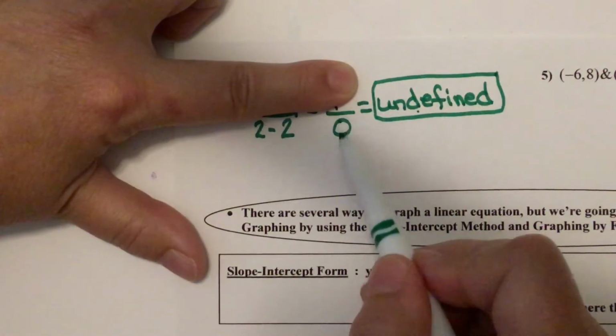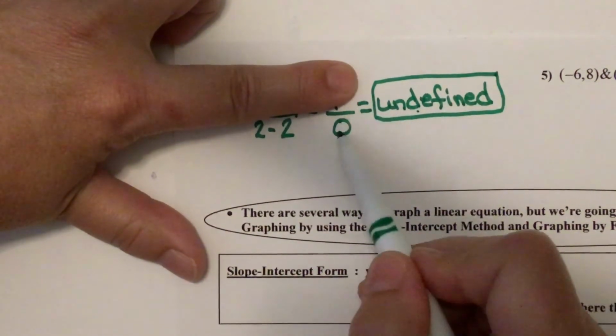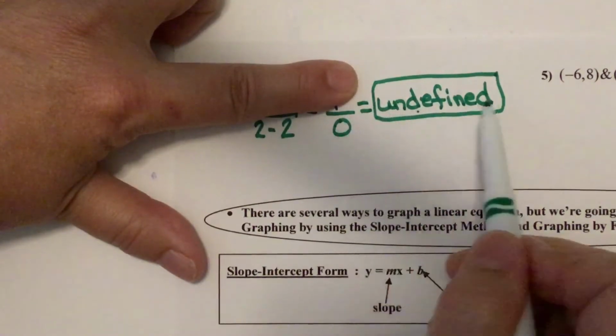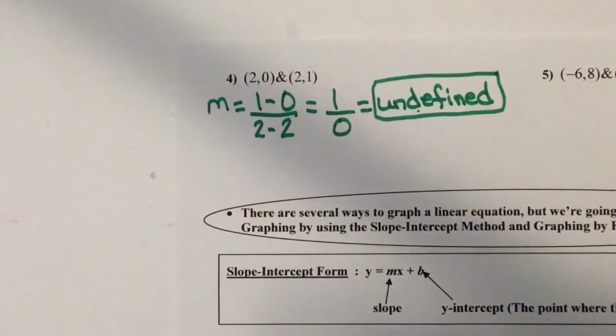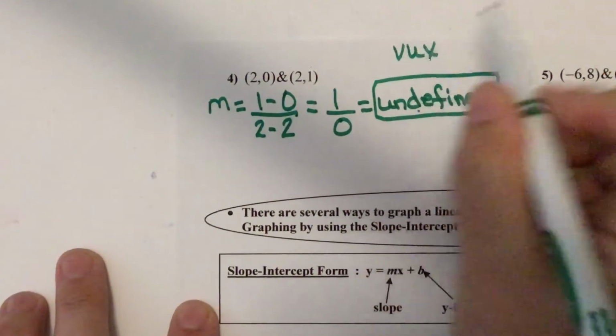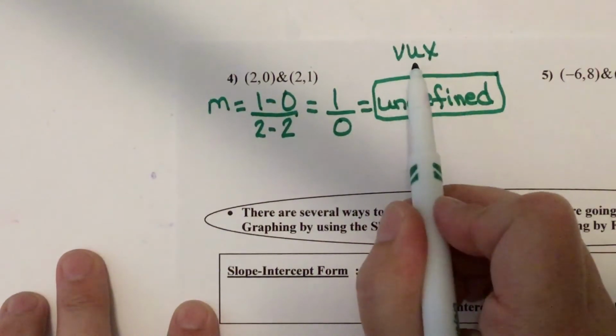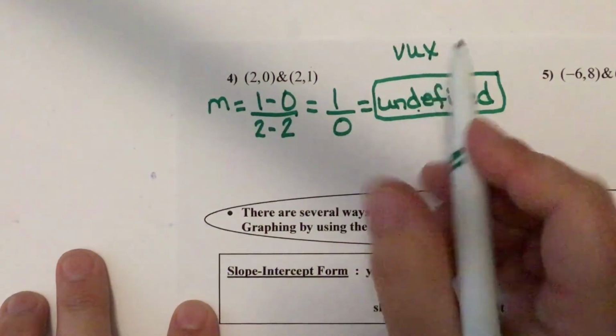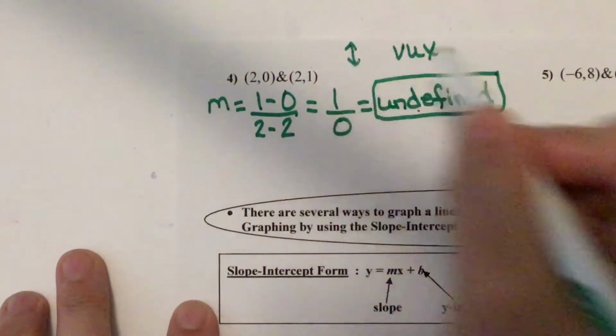So the 0 is under, undefined. Okay, and do you remember what a line looks like if the slope is undefined? Well, it would be Mr. Vuck's vertical line, undefined slope, and x equals equation. This would be a vertical line straight up and down.